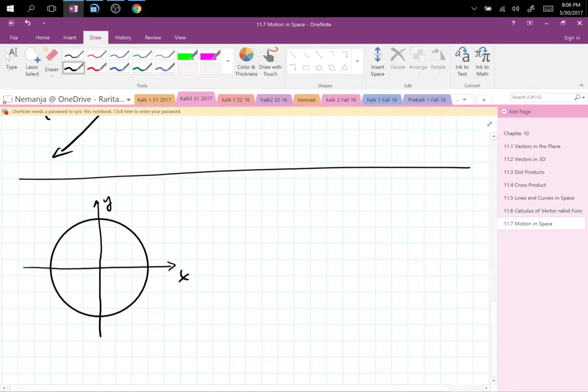It is 3 units. So the r, which is the path on which the particle is going to travel, is going to be 3 cosine t, comma 3 sine t. So this is a two-dimensional path. Therefore, we only need 2 dimensions in our parametrization.